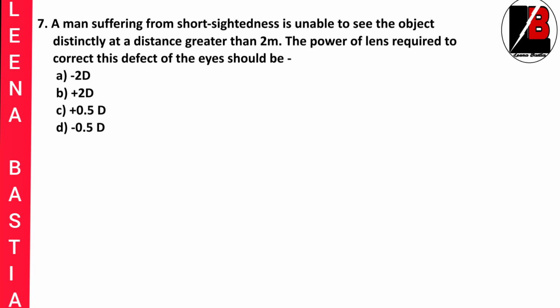Seventh one. A man suffering from short-sightedness is unable to see the object distinctly at a distance greater than 2 meter. The power of lens required to correct this defect of the eye should be, options are A, minus 2 diopter, B, plus 2 diopter, C, plus 0.5 diopter, D, minus 0.5 diopter.